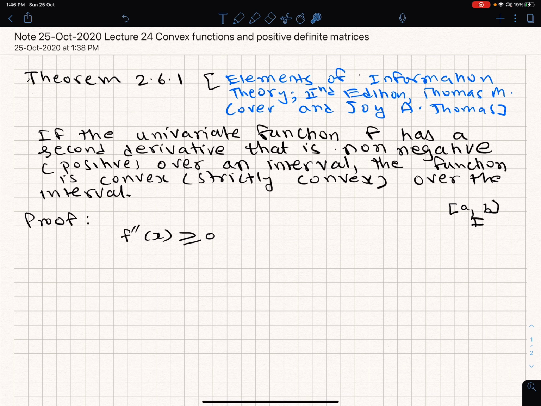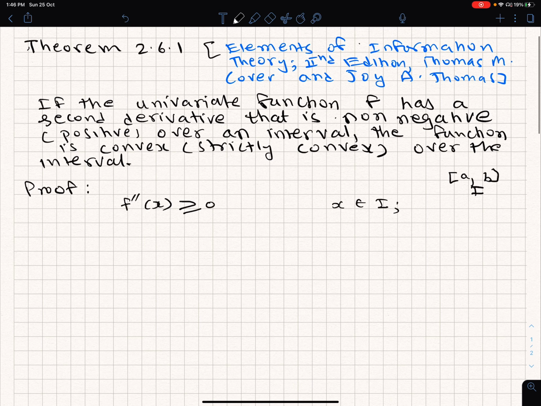So this is greater than or equal to 0 in the interval I, which is something from a to b. Now what we want to show is that the function is convex over this interval I.